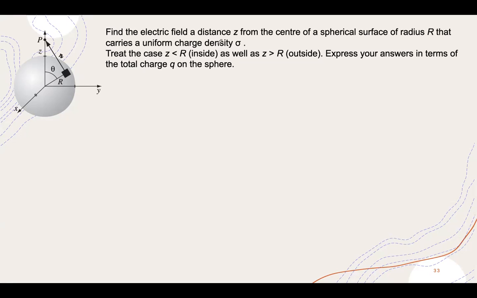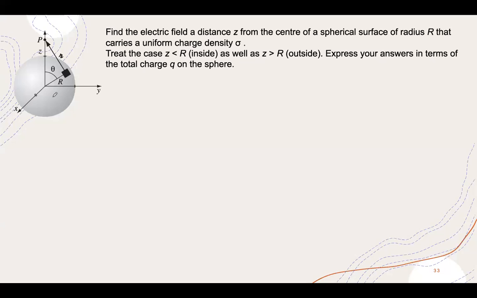It says: find the electric field at distance z from the center of a spherical surface of radius r that carries a uniform charge density sigma. So this is the shell surface, or you can say spherical surface. Okay, and we want to find it at some point P, which is z distance from the center of this shell, and this shell's uniform charge density is distributed as sigma. Okay, so this is not yet like a volume charge, it is just like a shell.